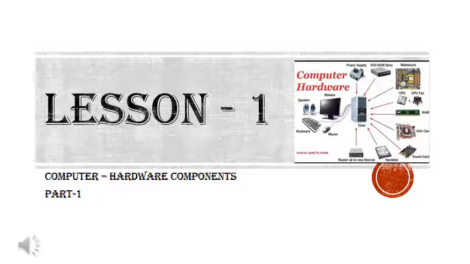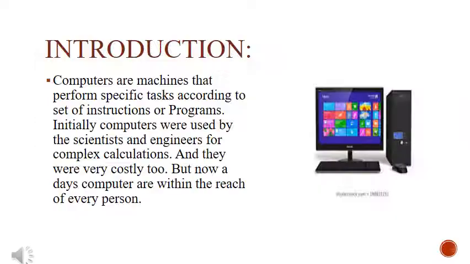Today we are going to learn lesson number 1, Computer Hardware Components, Part 1. What is a computer? A computer is an electronic machine which accepts data as input and processes it to give output.